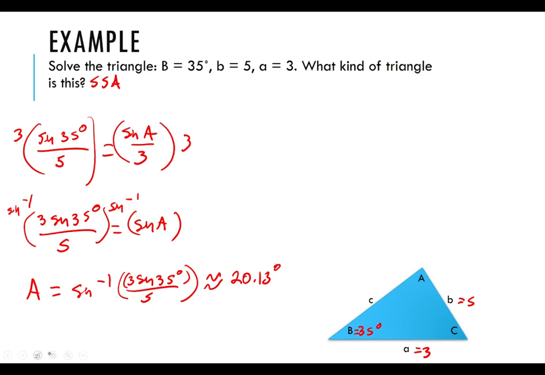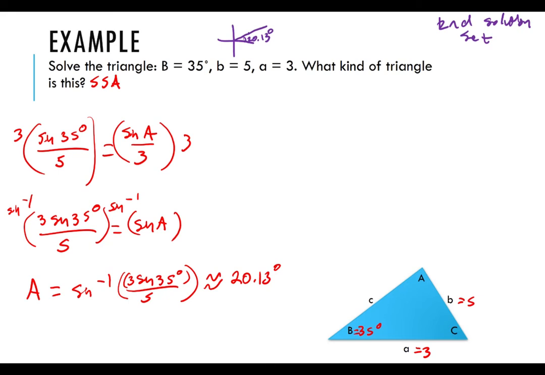To check to see if we have a second solution set, recognize that 20.13 on our unit circle appears here, right? Remember that when we find the inverse sine, we're either going to be in quadrant 1 or quadrant 4.